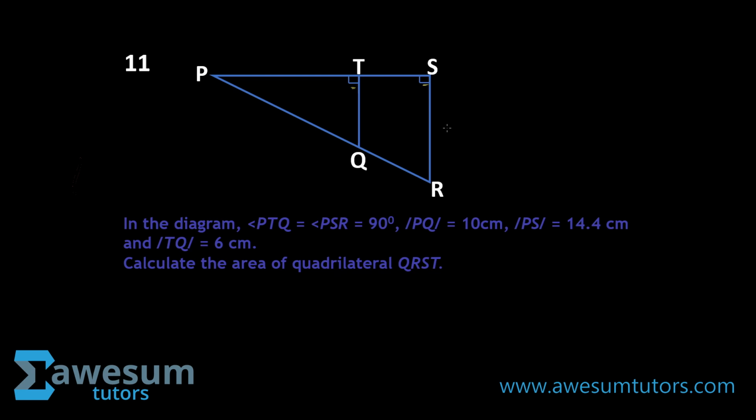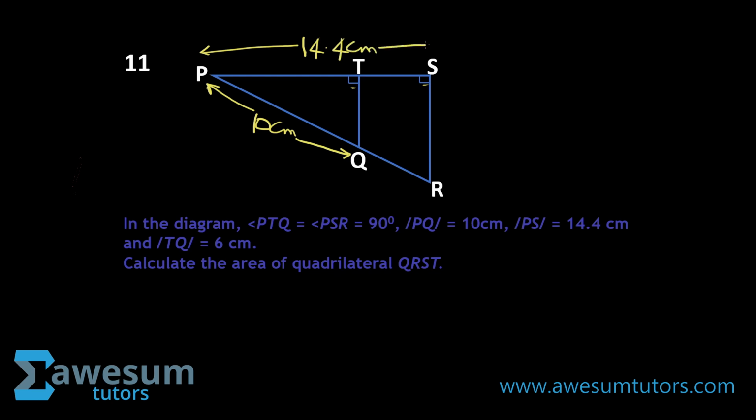Line PQ equals 10 centimeters. This is PQ right here, equals 10 centimeters, and line PS equals 14.4 centimeters. Line PS is from here to here, 14.4 centimeters.